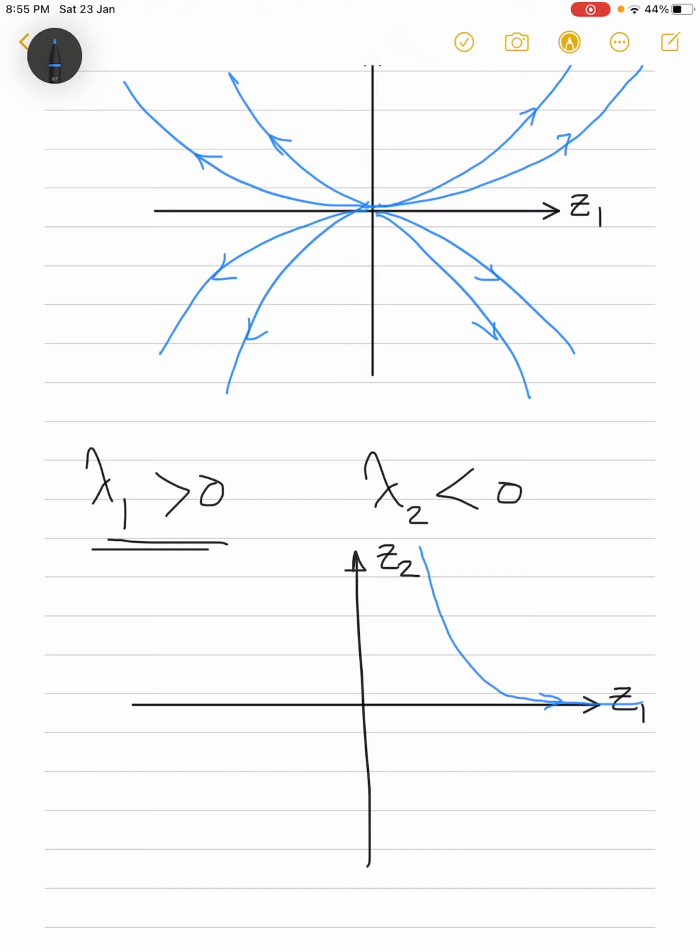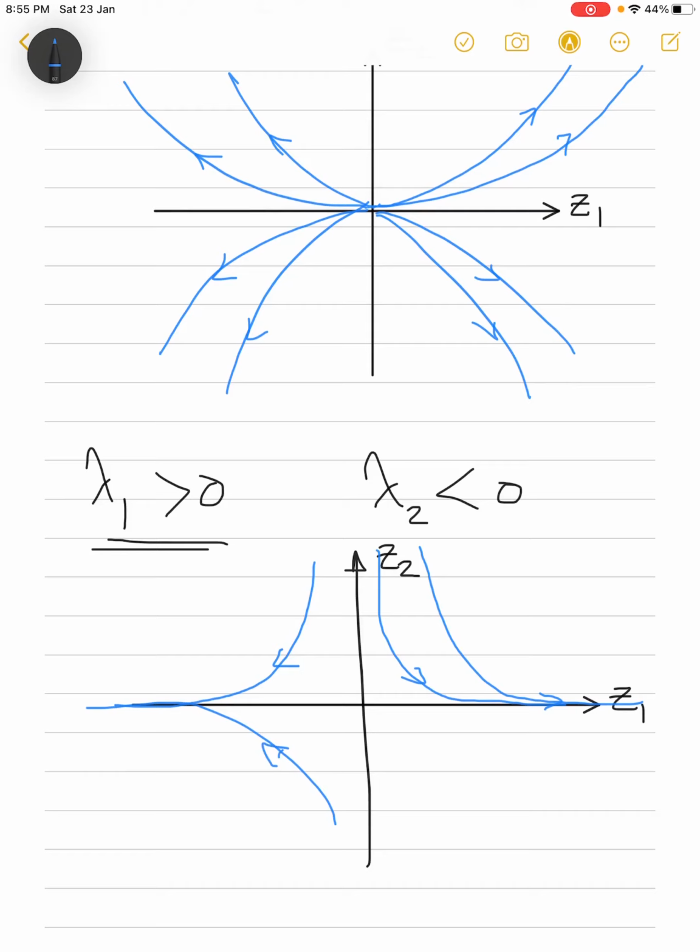As we can see here, z2 goes to 0, while z1 goes to infinity, and similarly in this quarter, like this.